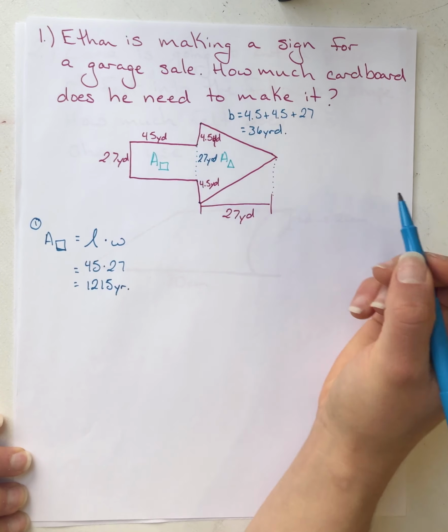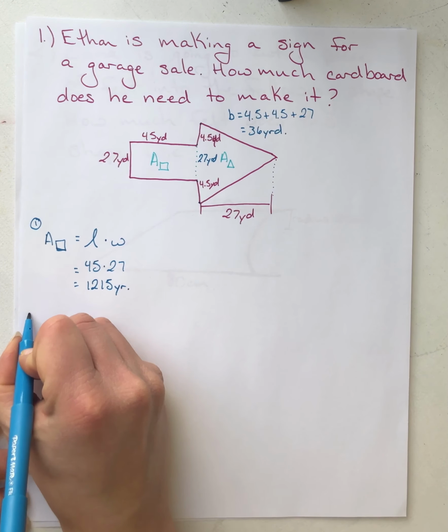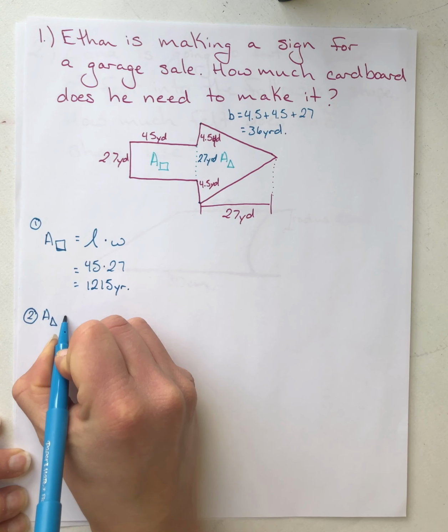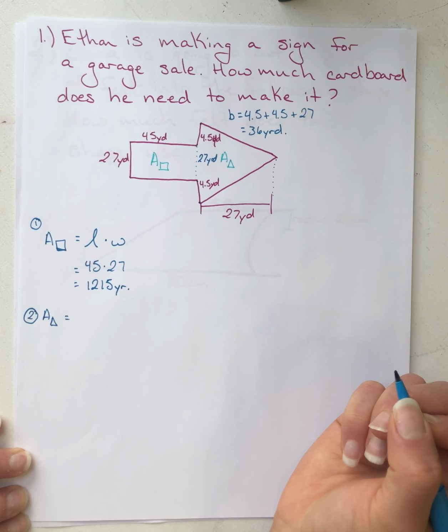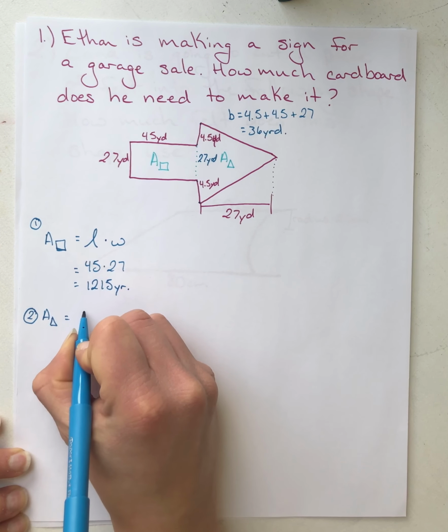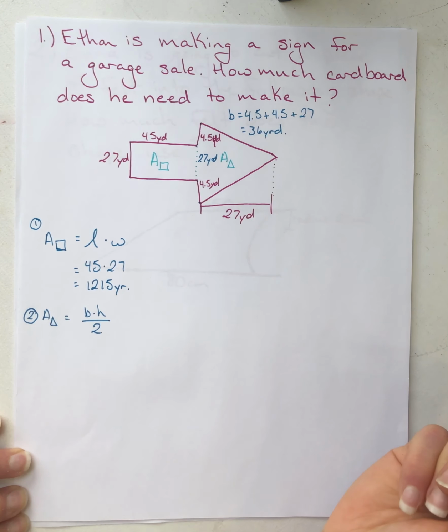So I found my first area, and then I'm going to do my second area, the area of my triangle, which gives me my equation: base times height divided by 2.